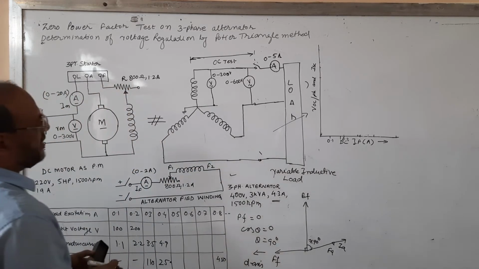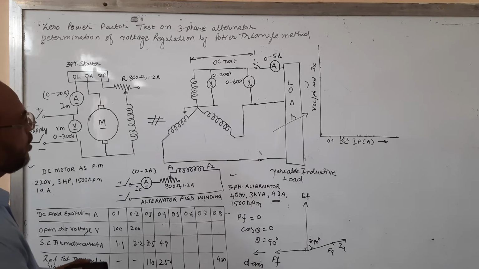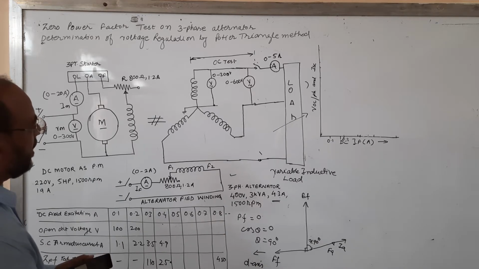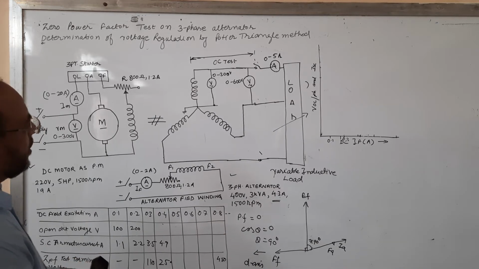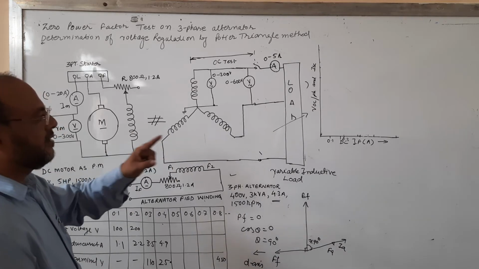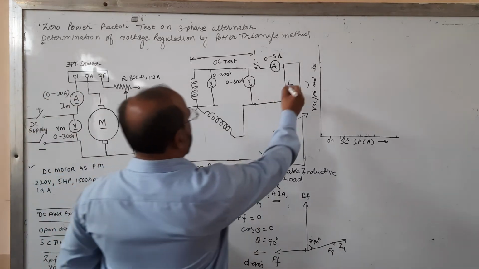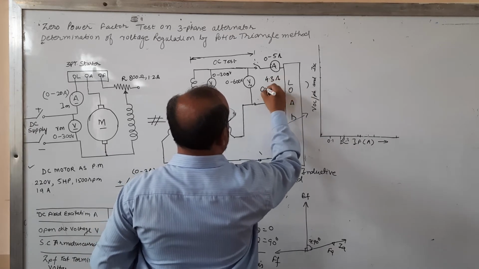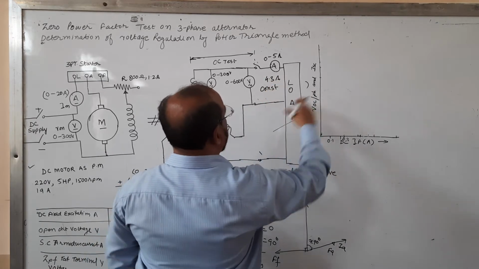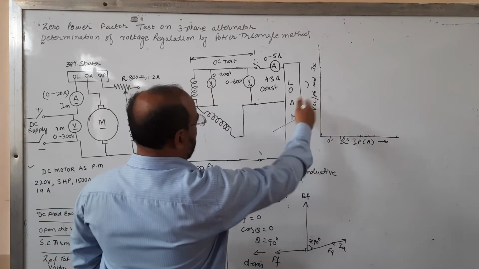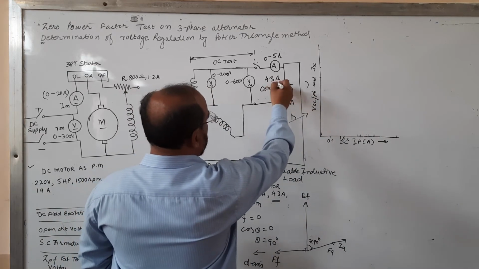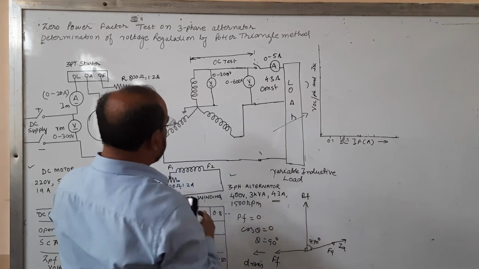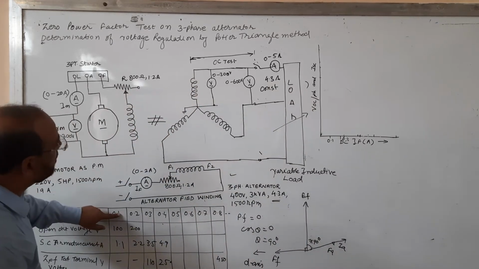The zero power factor test is performed at constant armature current, and it is plotted between terminal voltage versus field current. Means we are keeping the armature current 4.3 ampere constant. So at any load condition, by varying the load, keep the current at 4.3 ampere.